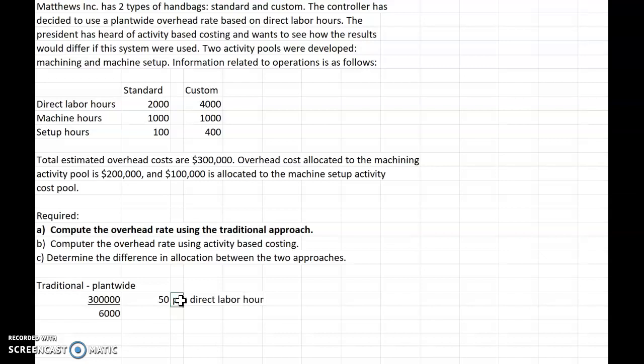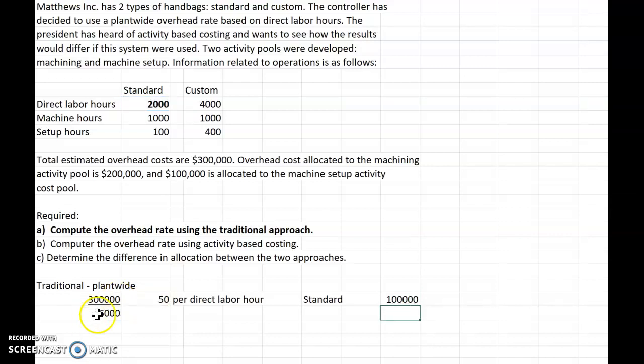And so using that, standard's overhead, standard used 2,000 direct labor hours. So the overhead for standard would be the 2,000 times the $50 rate, right? It's $50 per hour, and we use 2,000 direct labor hours.